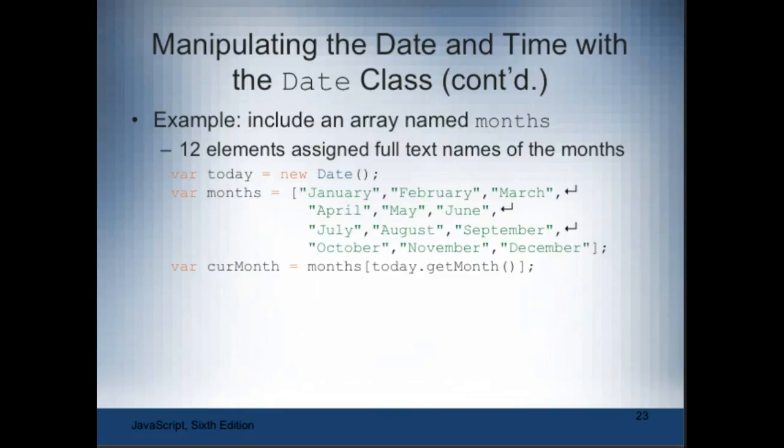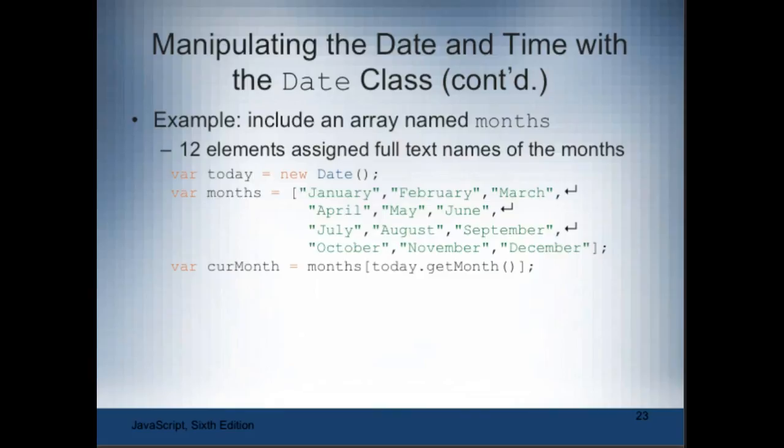The following code includes an array named months with 12 elements that are assigned the full text names of the months of the year. var today = new Date(), in which a Date object named today is declared and instantiated. And var months, in which an array object containing the names of the months is created.